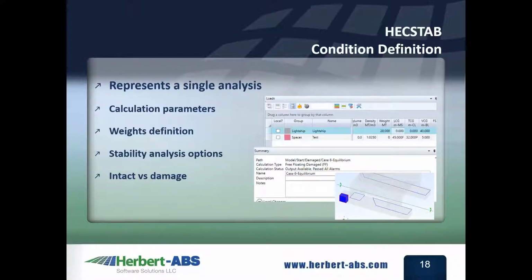We can evaluate that condition in a number of different ways, for righting arms, for strength, and things like that. So at its very basic, using HexTab, you want to define a condition, run the condition, and view the analysis of that condition.